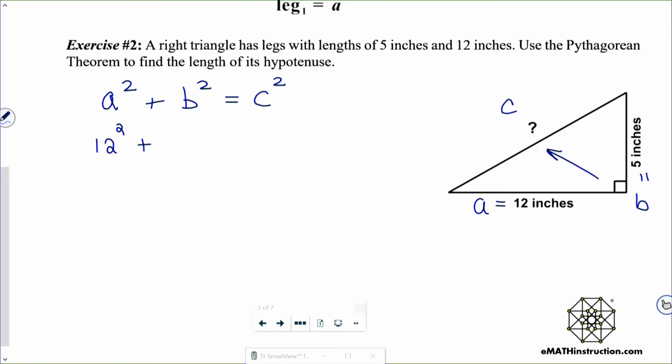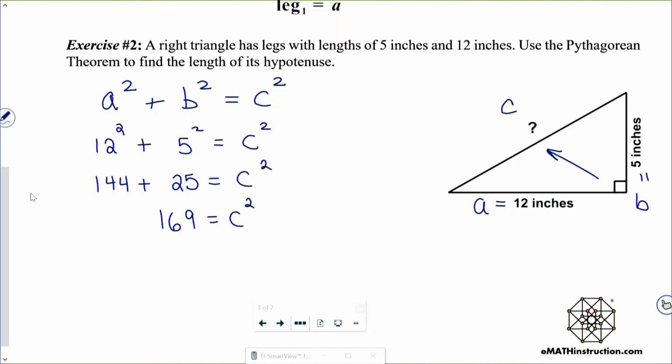For B, I'm going to put in 5. And I'm trying to figure out C. We'll leave that just as C for right now. Now, hopefully you know that 12 squared is 144, but if you don't, do that on your calculator. 5 squared, that certainly you should know, is 25. Now I can do 144 plus 25, and I'll get 169 equals C squared.